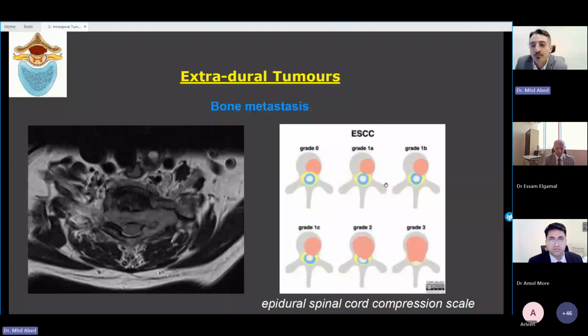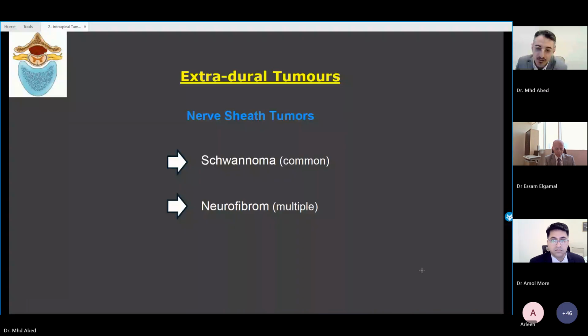And then if there is indentation of the spinal cord, if there is rest CSF or not. And the most severe, grade 3, is if there is severe stenosis with spinal cord compression, and likely always spinal cord edema, myelopathy. So the first most common tumor in the epidural space is the bone metastasis with secondary intraspinal extension.